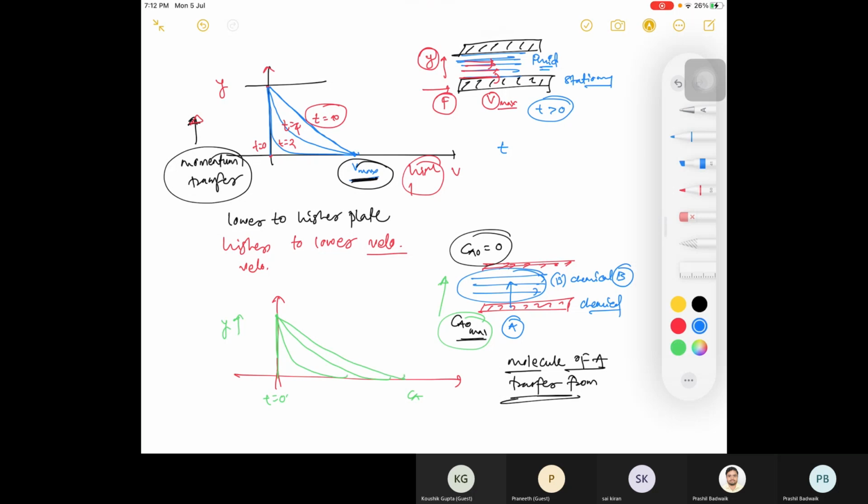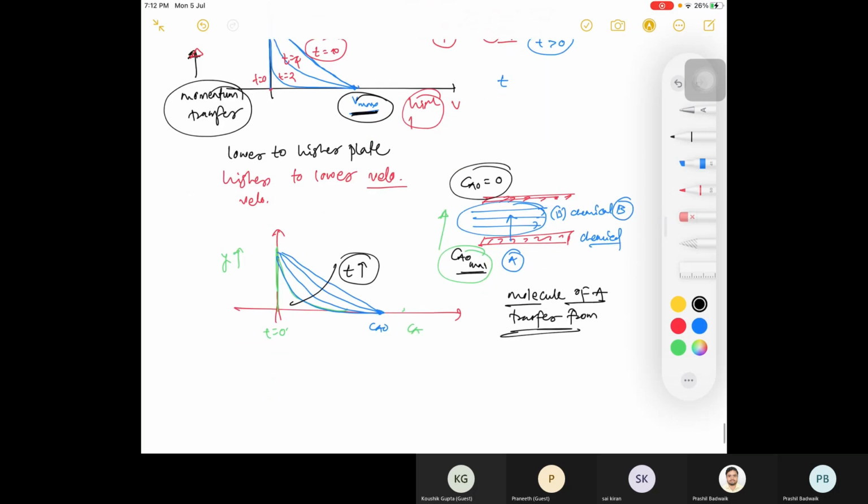Here concentration is CA naught. Starting point will be the same. This is suppose your CA naught, and you will be having this kind of profile as time increases. Did everyone understand?